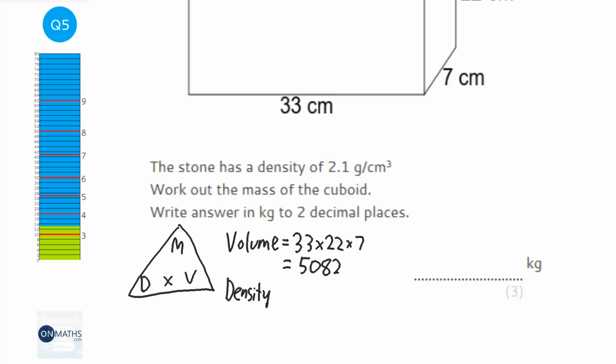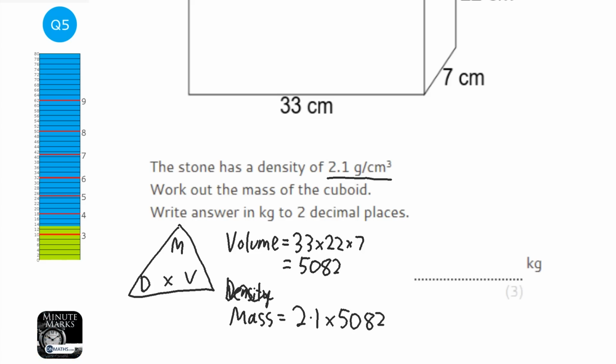To work out mass, we're going to do density times volume. So density is 2.1, let's just check the units, grams per centimeters cubed, so that works. 2.1 times 5082, and I get 10,672.2.